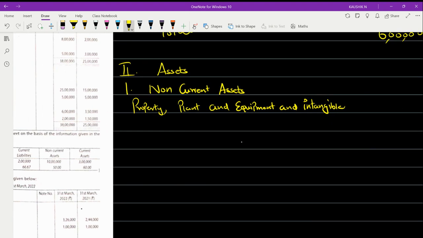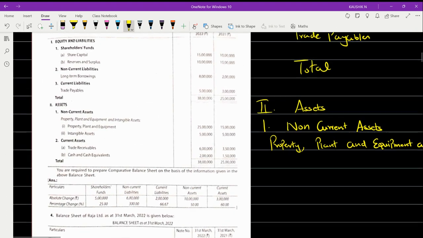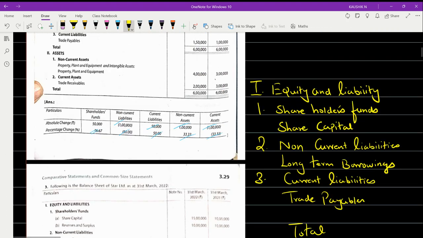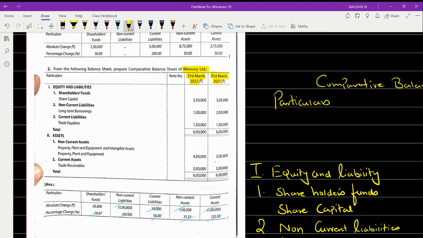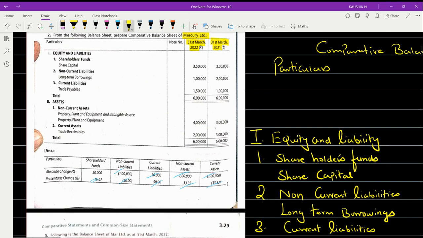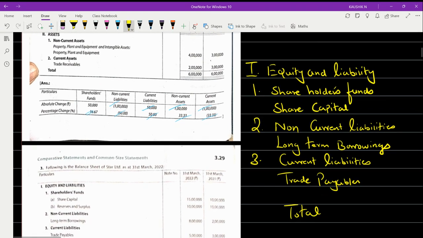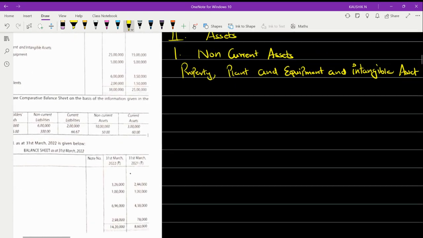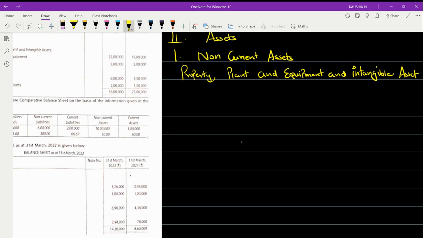Then what is given in the question? Again, property, plant, and equipment. Write that. So 3 lakh and 4 lakh. Below this, again, you have to write property, plant, and equipment.